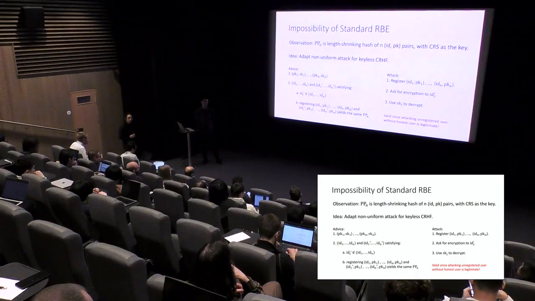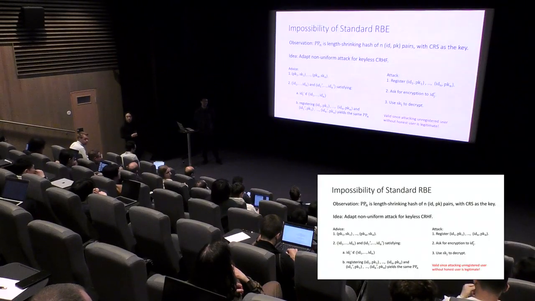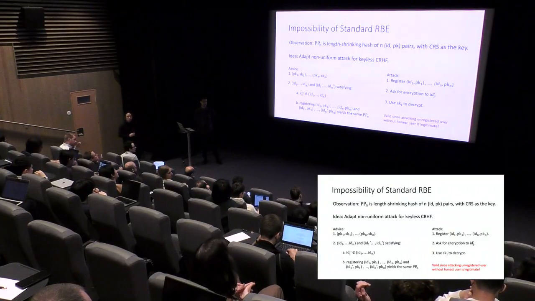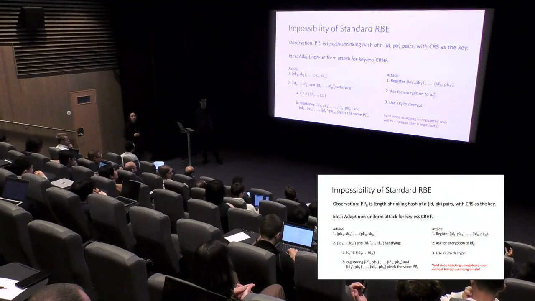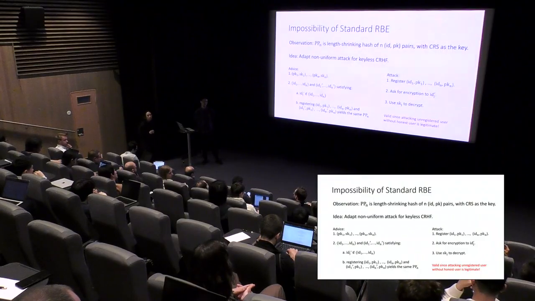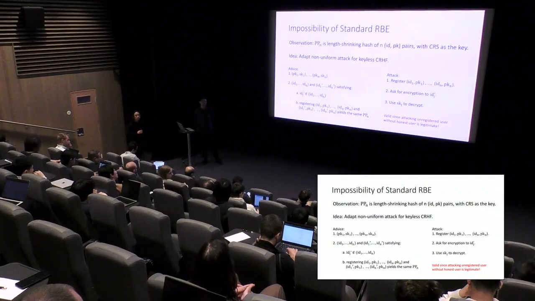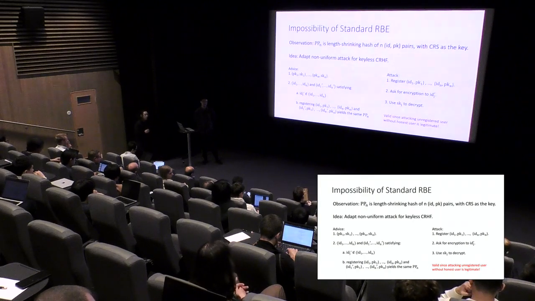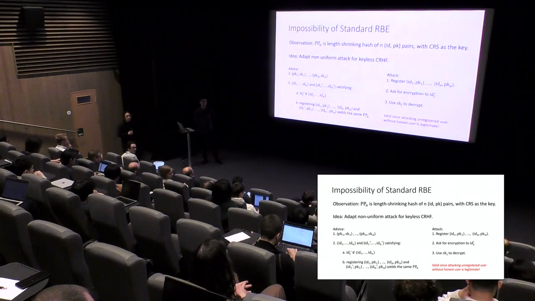Okay, and what about the uniform random string model, where you have a CRS, but it's just uniform random bits? Are there constructions in that model? Yes, there are constructions with this transparent CRS where the CRS is sampled honestly, but in this model we're really trying to ask the question of whether RBE can be constructed without a trusted setup. Okay, thanks.